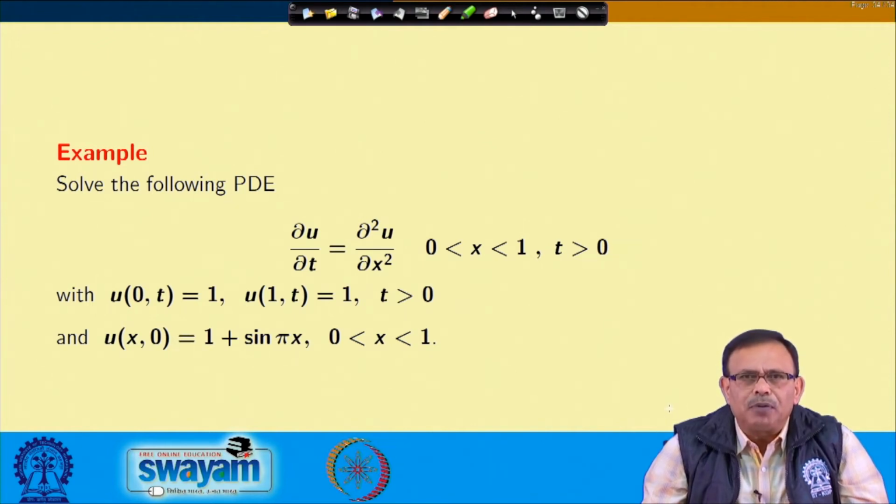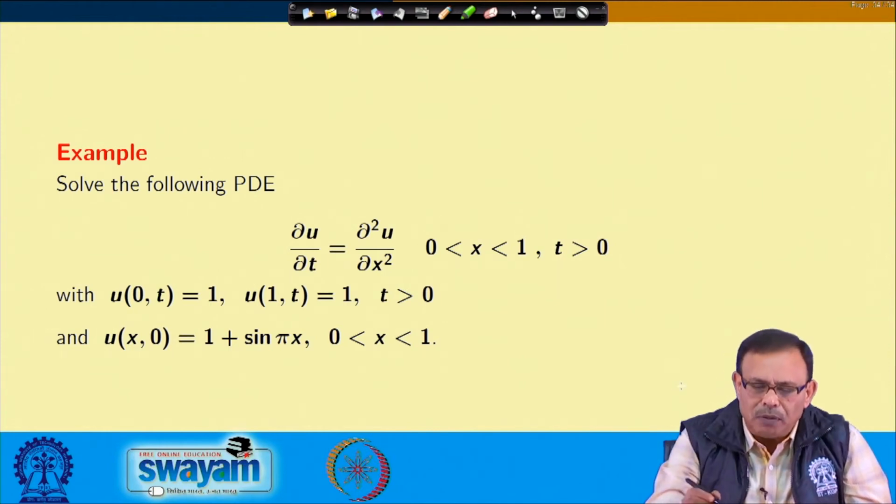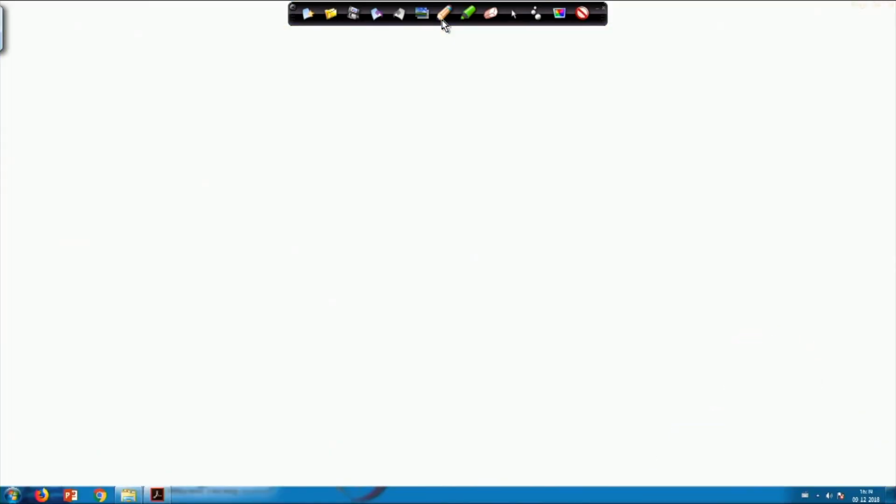So, for this particular problem, as t is greater than 0, that is, the range of t is from 0 to infinity, and the values are given at t equals 0, where the value of the function is provided, I am compelled to use the Laplace transform to solve this problem. The equation is del u by del t equals del square u by del x square, and the conditions are given over here.